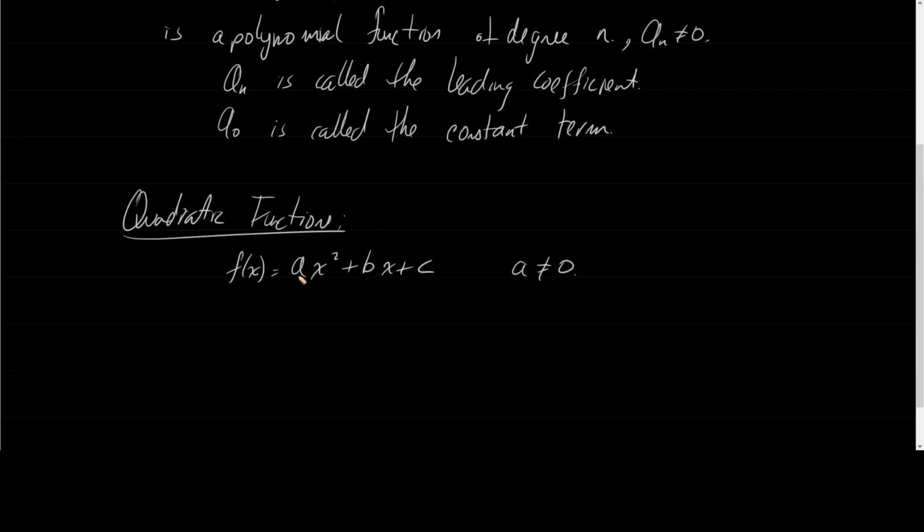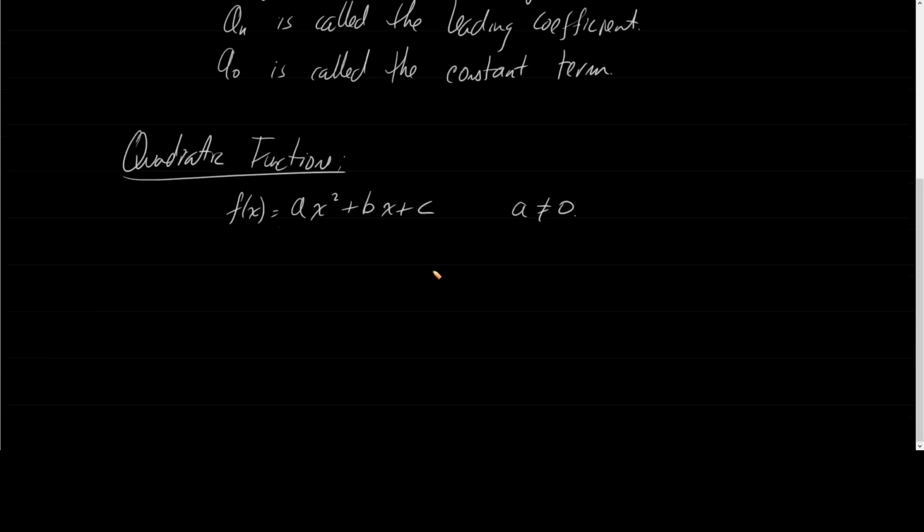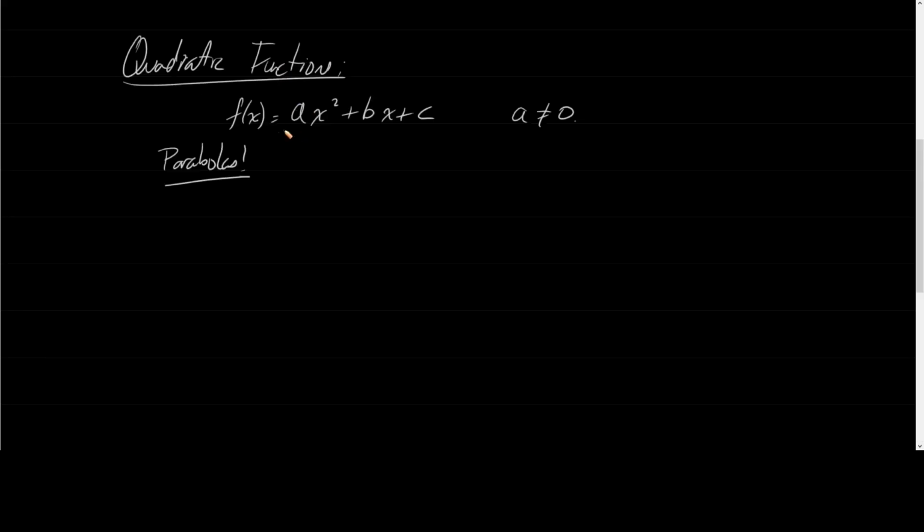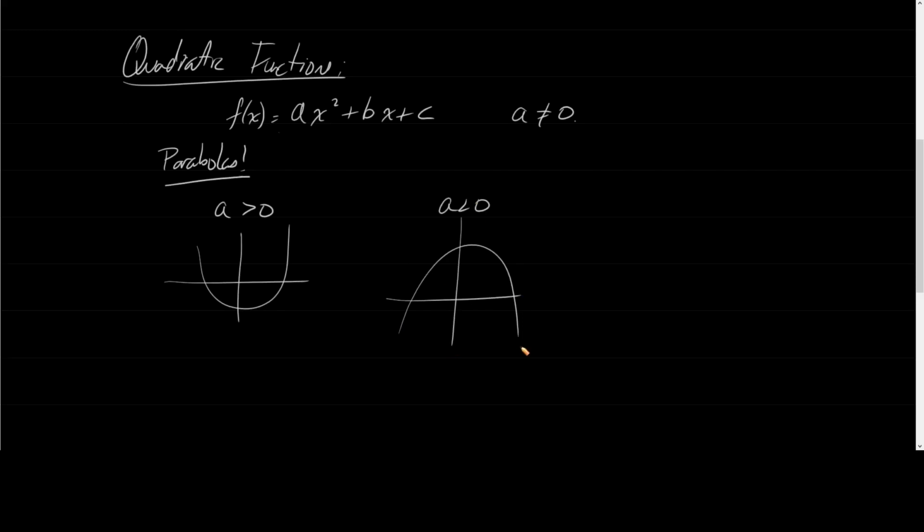Our leading coefficient a should not be equal to 0 because then this term wouldn't be there and we would just have a linear function. But as written, that is a quadratic function. Now we know what these look like, right? This gives us parabolas. Depending on our leading coefficient a, if it is positive, then we've got a parabola facing upwards. If our leading coefficient is negative, then we've got a parabola opening downwards.